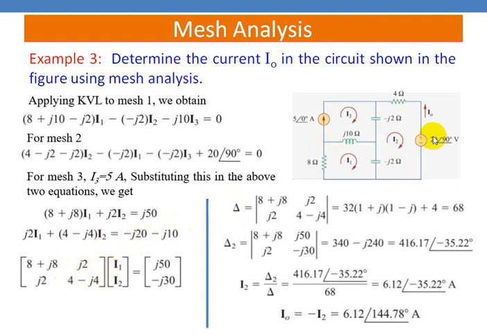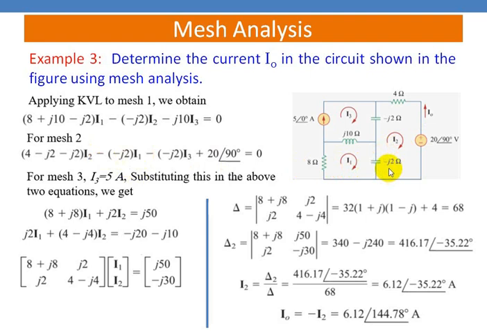Coming to I1, this element is common between second mesh and first mesh, so it is minus J2. So minus J2 into I1, you write, and this minus sign is because these two currents are in opposite direction, so minus of minus J2.